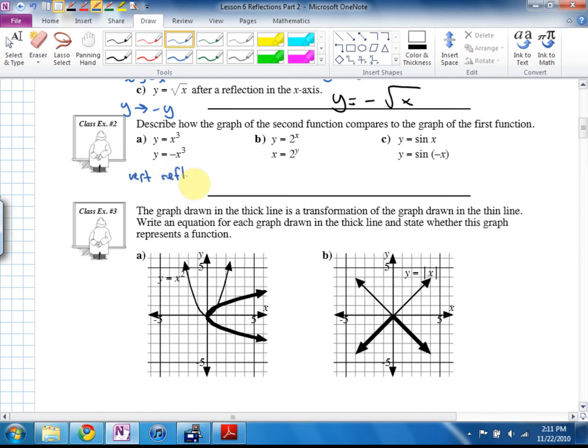If you did this, what is a negative times a negative times a negative? In other words, if you simplified that, doesn't it look like that? Now, here's what that's saying. The x cubed graph, that one, right?